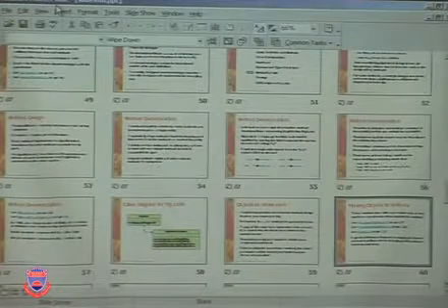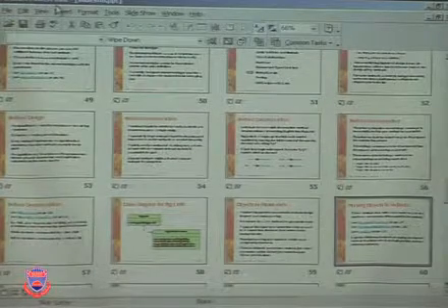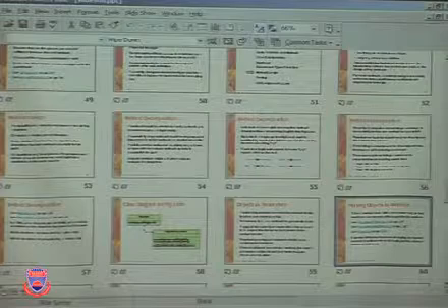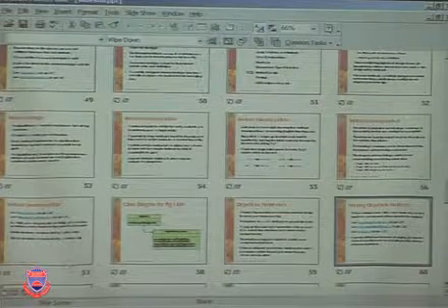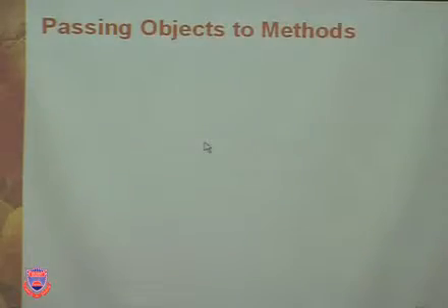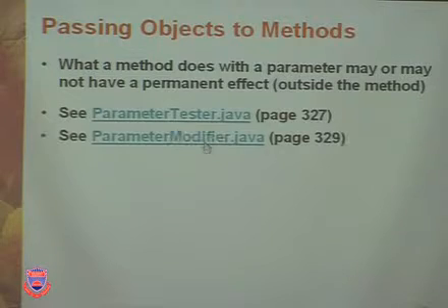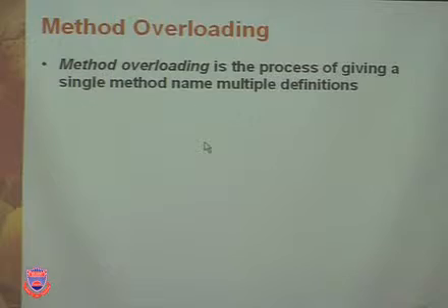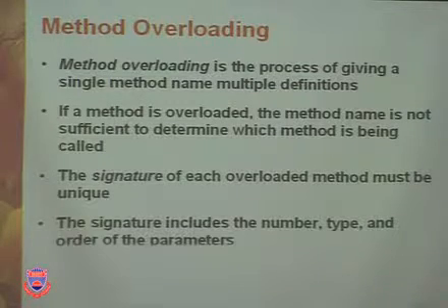Okay. So this is related to the objects passed as arguments to methods, and you should be careful with this kind of problems. And method overloading. So what is method overloading?